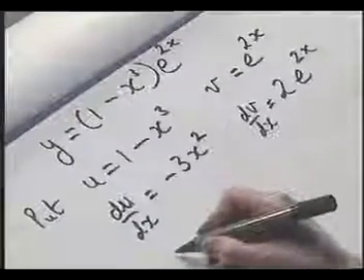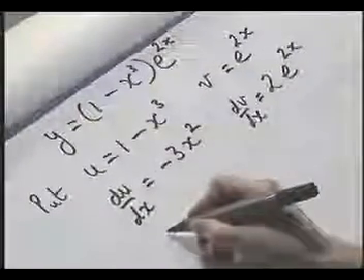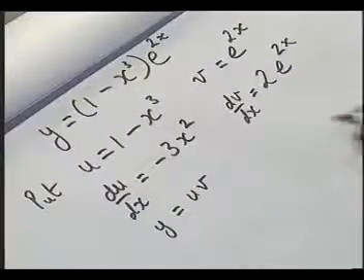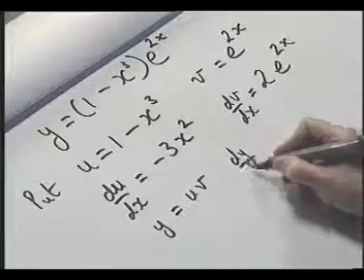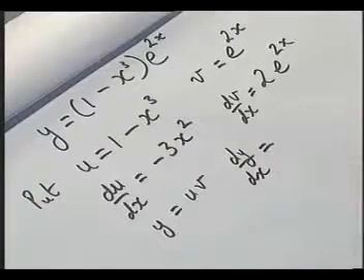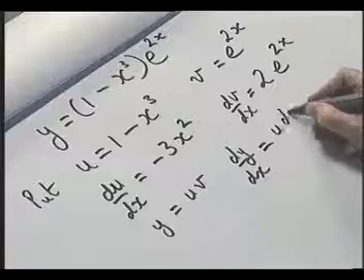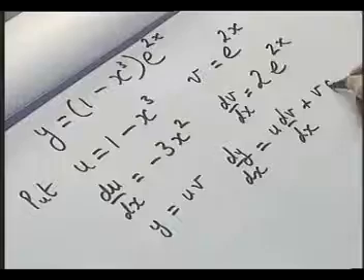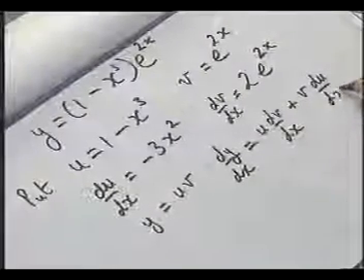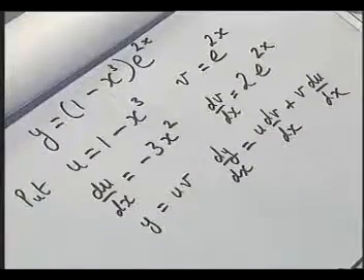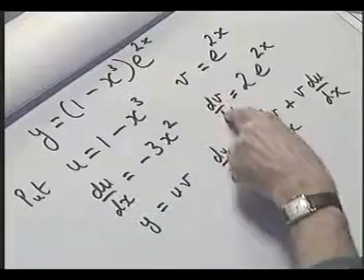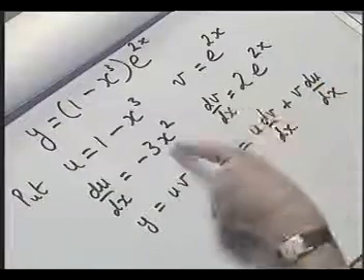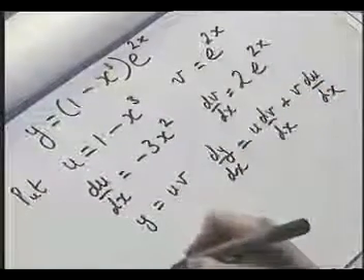Now let's remember our formula, that if y is equal to u times v, then dy by dx is equal to u dv by dx plus v du by dx. So we've got u, we've got dv by dx, we've got v, and we've got du by dx here. So let's make those substitutions.